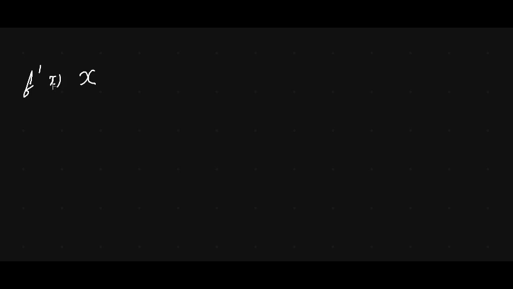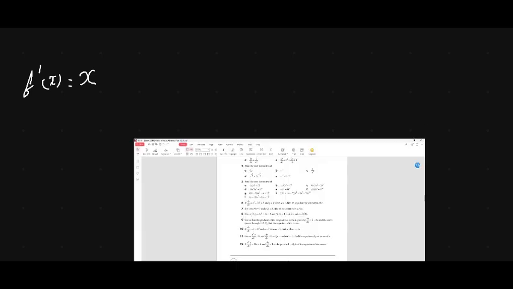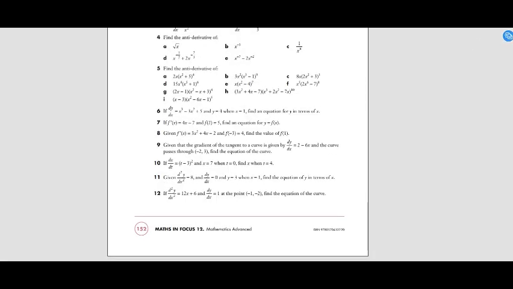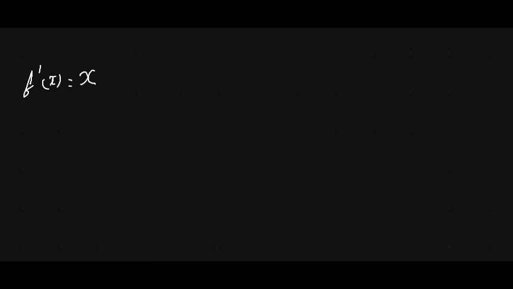Basically, f prime of x is x to the power of minus 1 by 2 plus 2x to the power of minus 2 by 3.